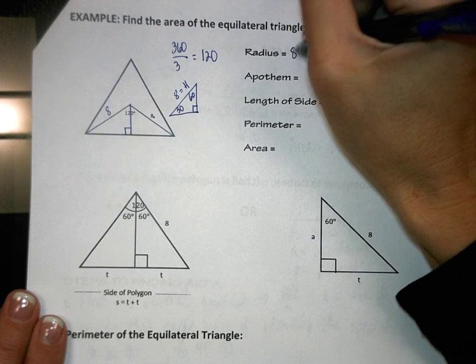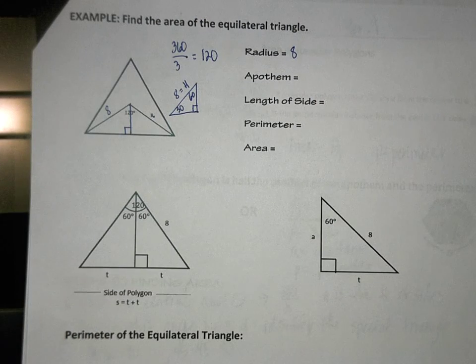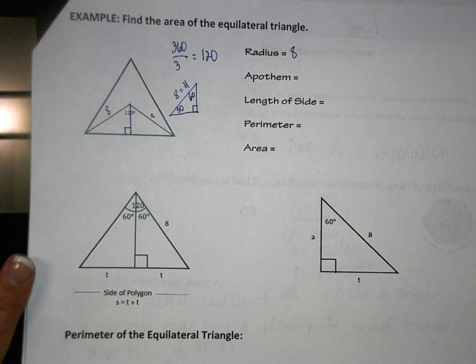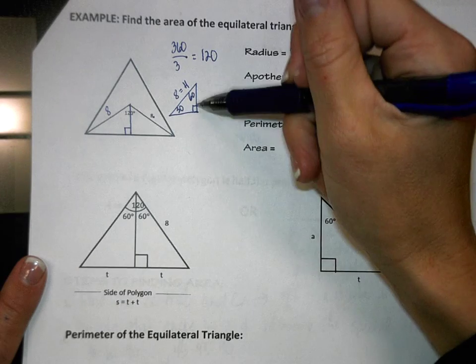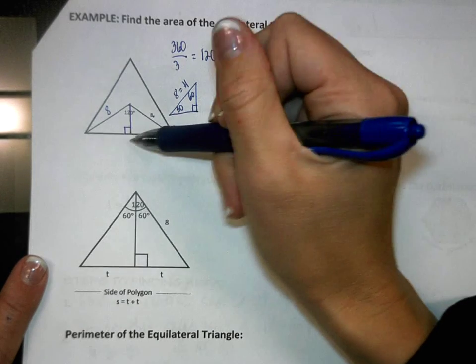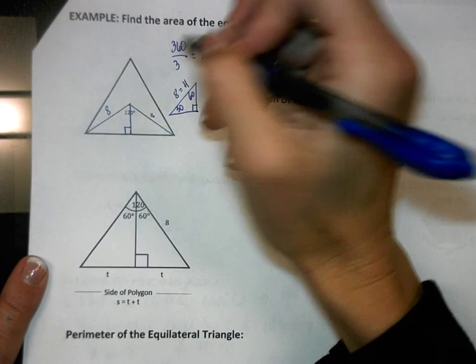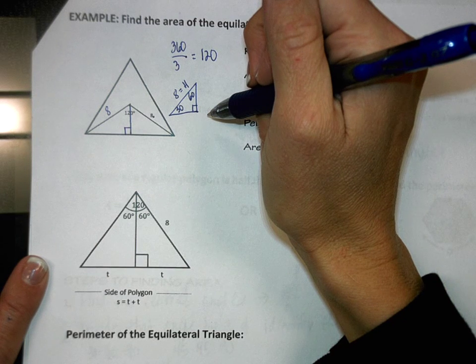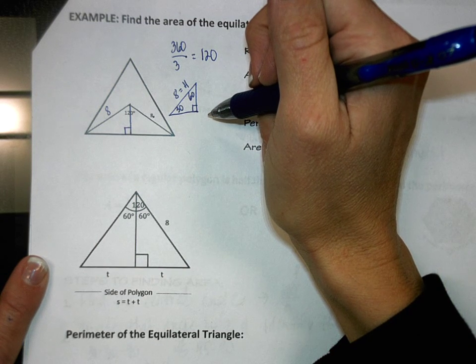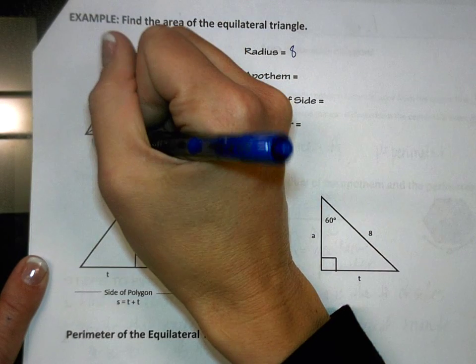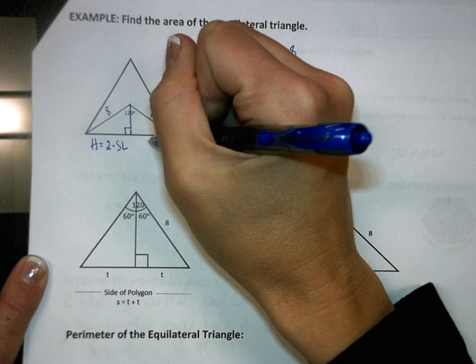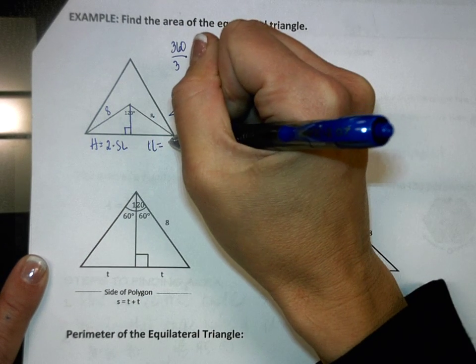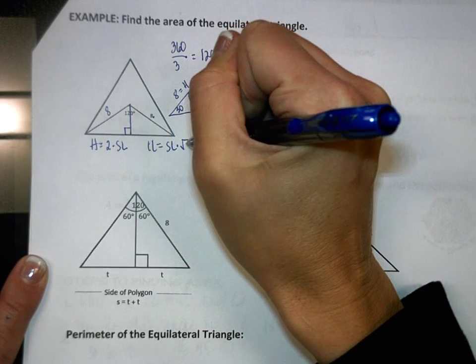So we can go ahead and write that over here. Now, we need to find our apothem, but we also need to find this base as well. Okay? So, what equations am I going to use? Good. And then the other one is long leg equals. Good.